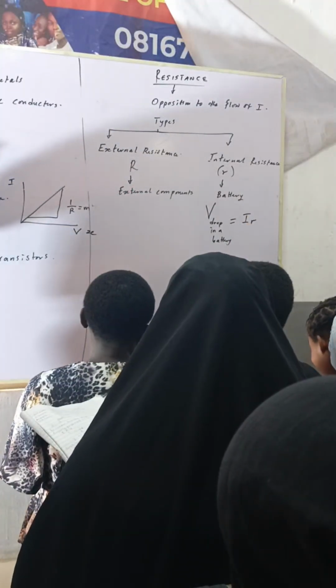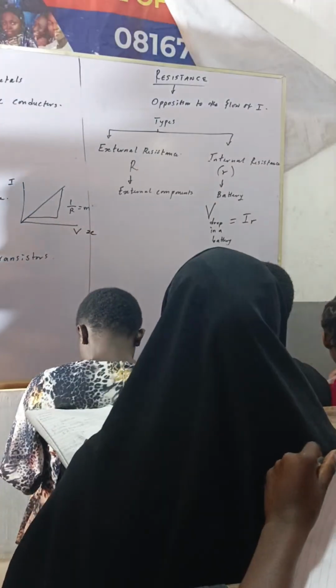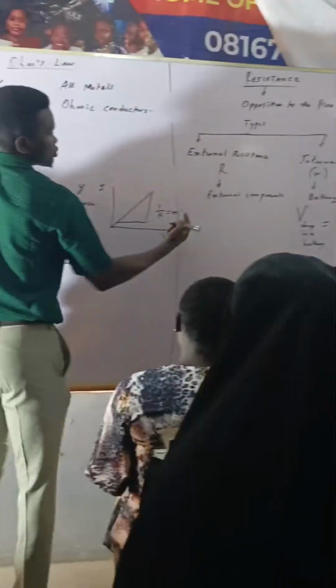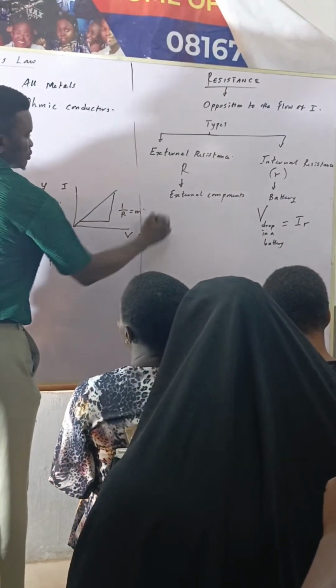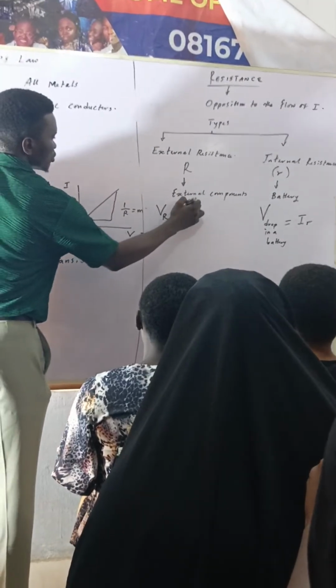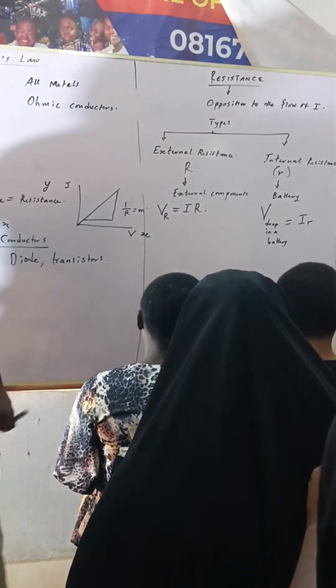Do you get that? If I say calculate the voltage drop in this resistor, will I use small r or capital R? The voltage drop in this one will be equal to I capital R.